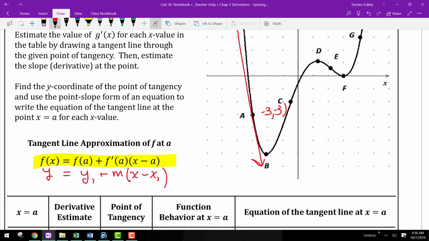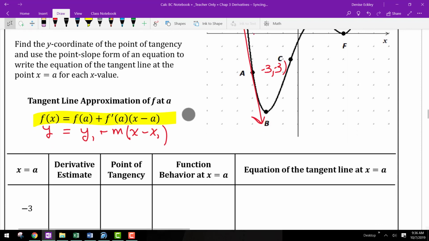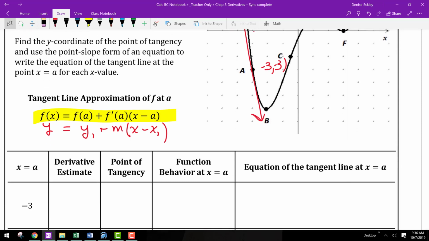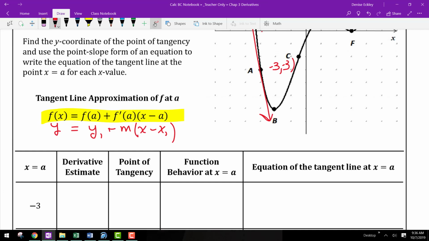So when I found the slope, what I found is I go up 6, 1, 2, 3, 4, 5, 6, and over 1. So my slope is going to be, well, I'm actually going down, -6. My point of tangency is that point A, so it's -3, 3.